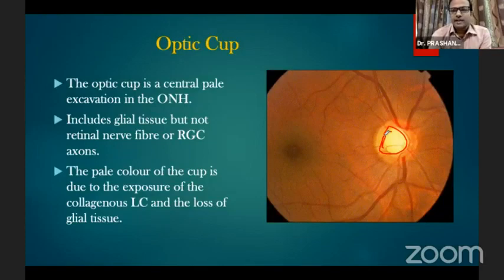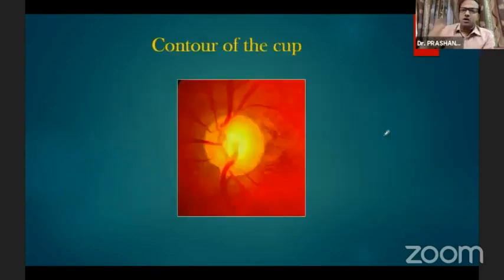When we are determining the size of the cup, we have to see the contour of the vessels, not the actual size of the pallor. Generally we have a tendency to see the area of paleness, but we have to see the area of the bending of the vessels. In this picture, we feel that the cupping is from here to here, but actually this is the pale area, not the cup area.